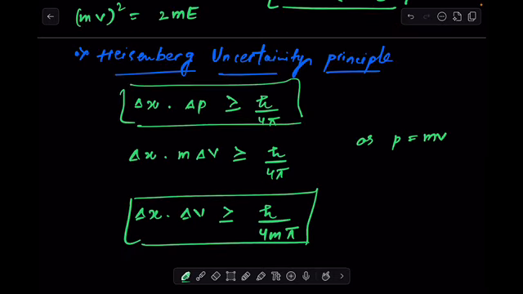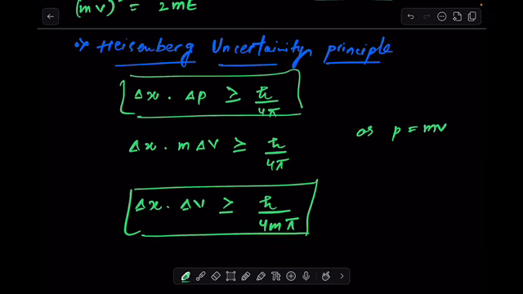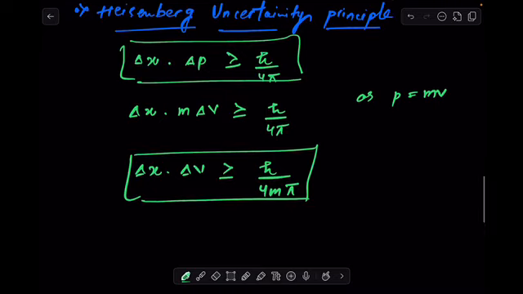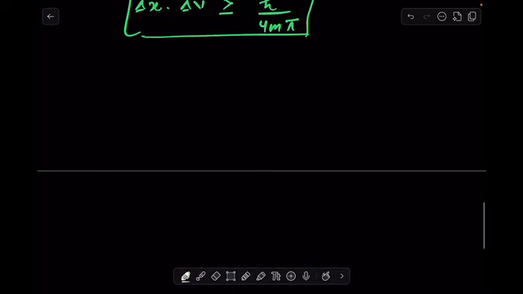So these two relations should be kept in mind, besides the definition of the Heisenberg uncertainty principle. And besides all this, the Schrödinger wave equation, that is H cap psi is equal to E psi.